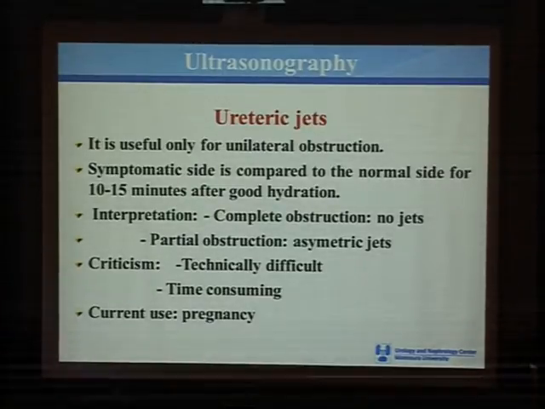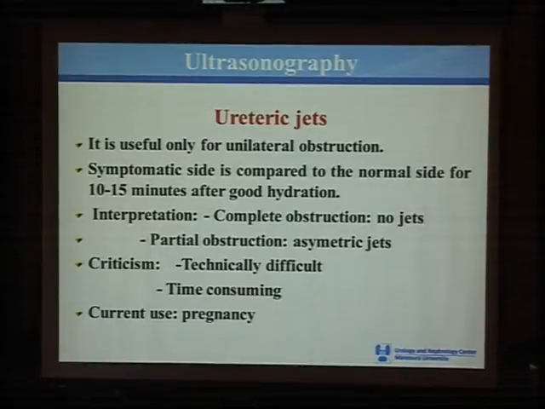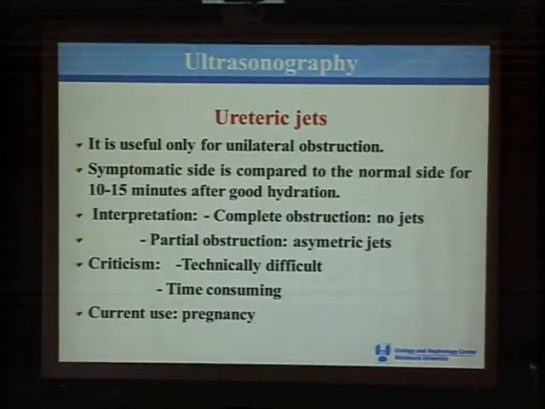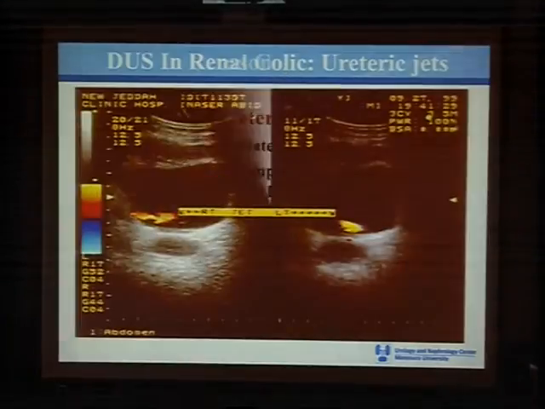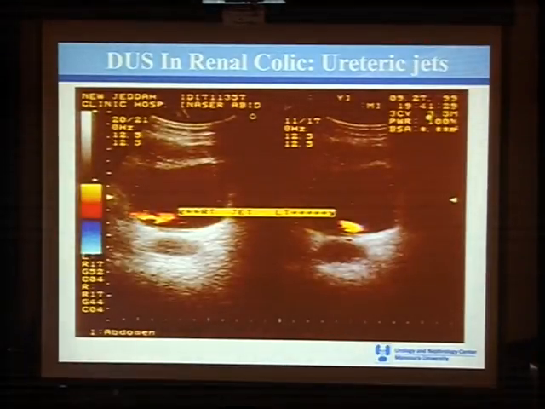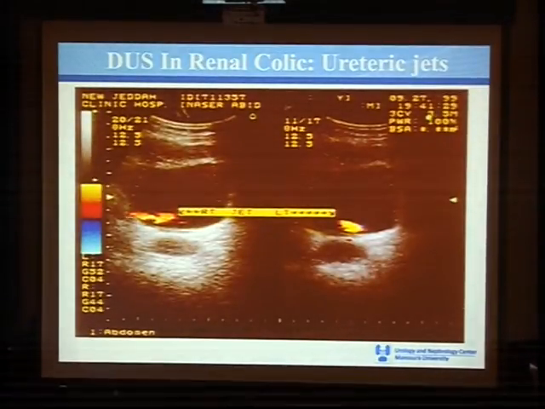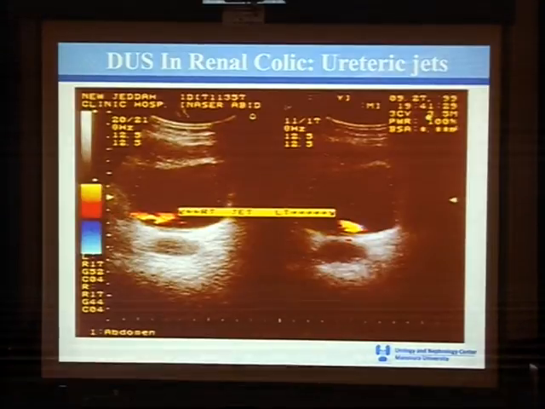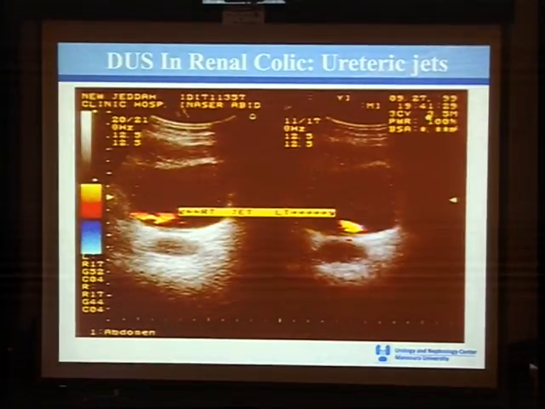In case of incomplete obstruction, the number of jets from the side of incomplete obstruction becomes decreased compared to the normal one. And this is the figure of the ureteric jet on the right side from the right ureteric orifice, and this is the figure of the jet from the left ureteric orifice.